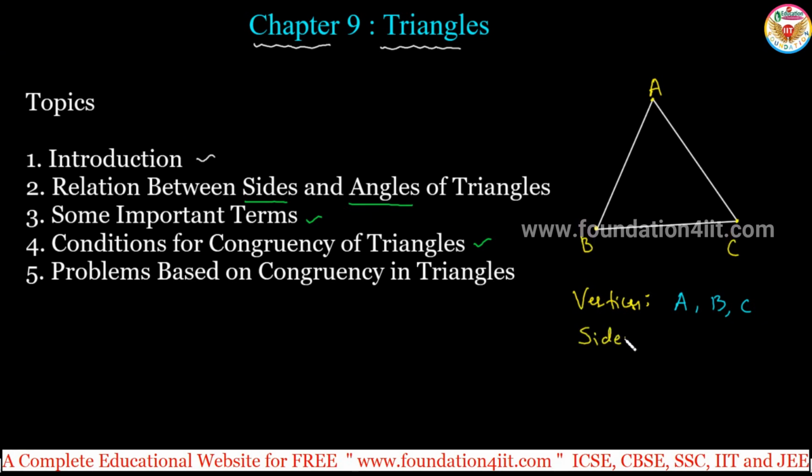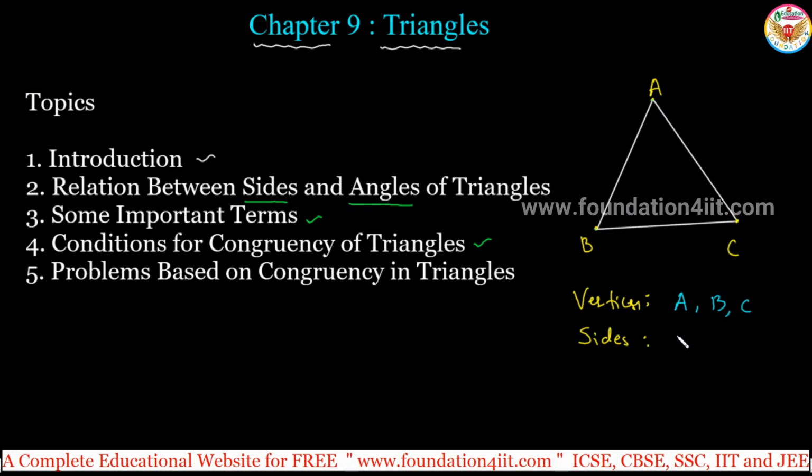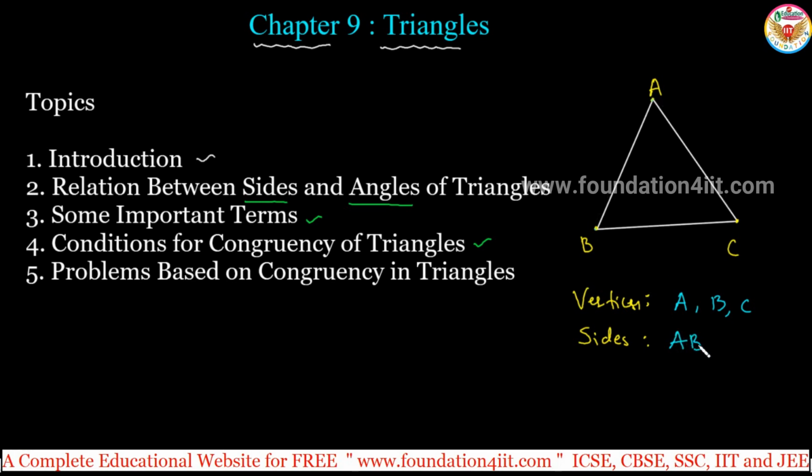So don't get confused when writing sides and vertices. Vertices are single capital letters, the corner points, and sides are denoted by two letters, like A, B. The distance from A to B is this, A, B is the side. Just write two capital letters side by side.